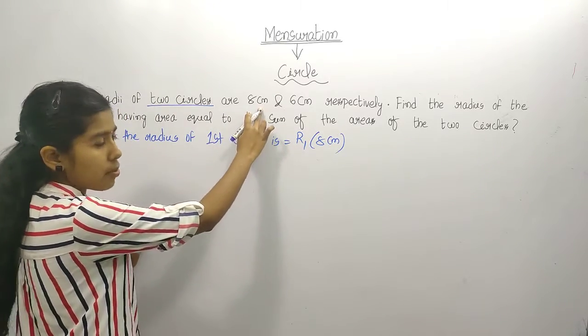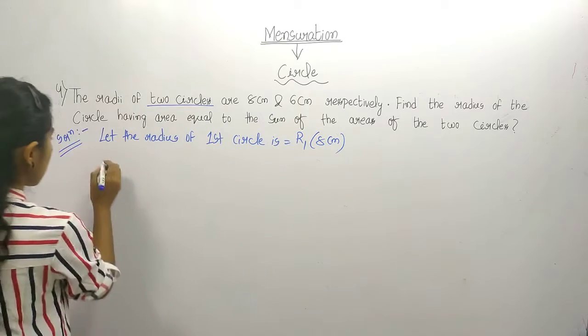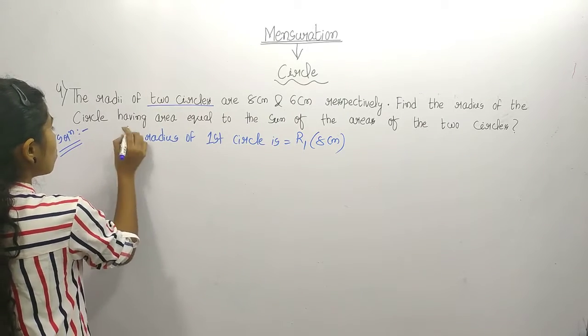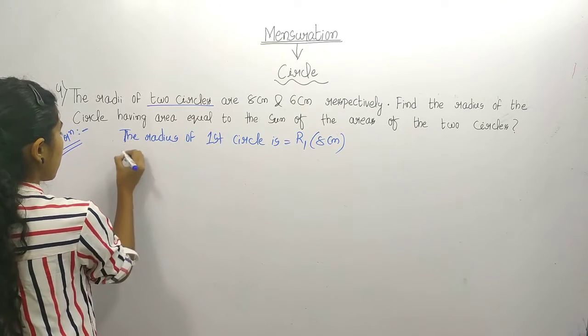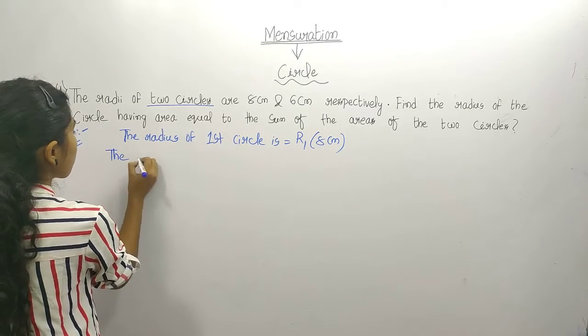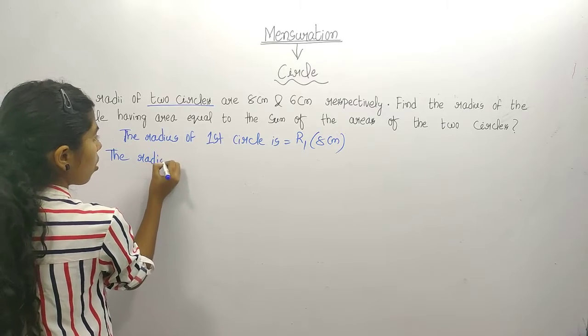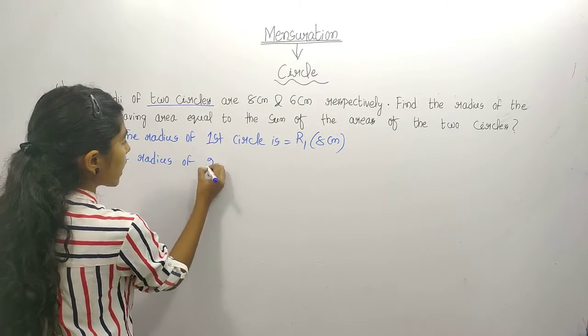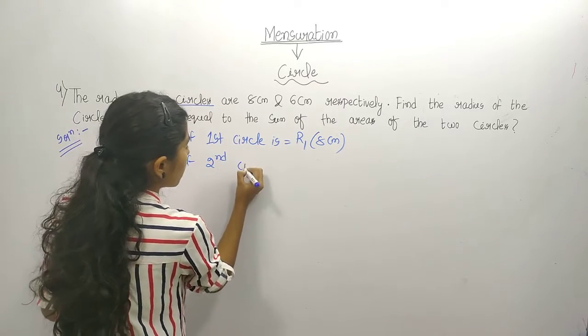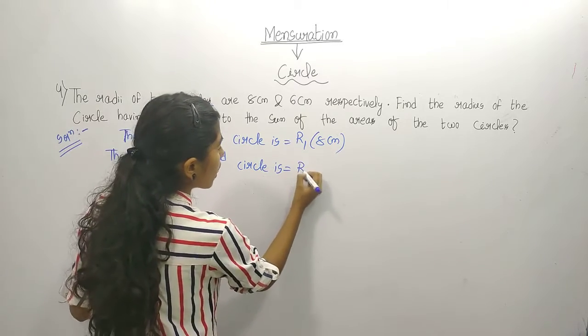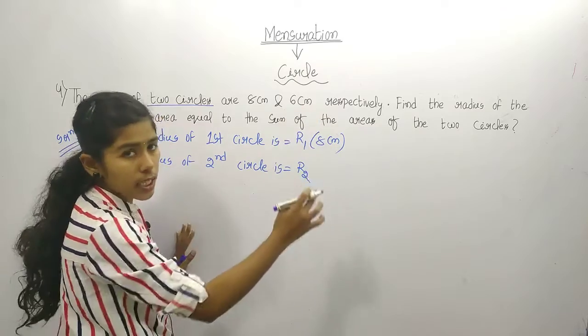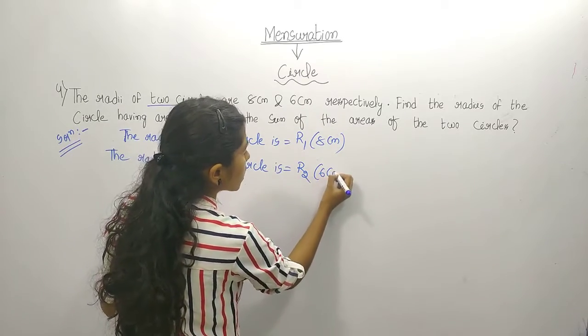Radius is already given for the first circle. So the radius of the first circle is 8 cm. Next, the radius of the second circle is r2, which is 6 cm. So r2 is 6 cm.